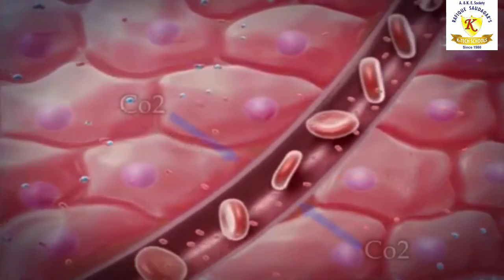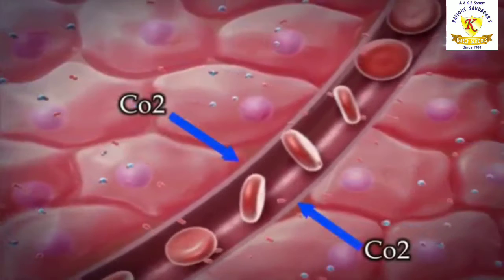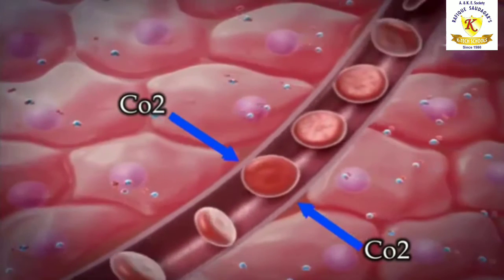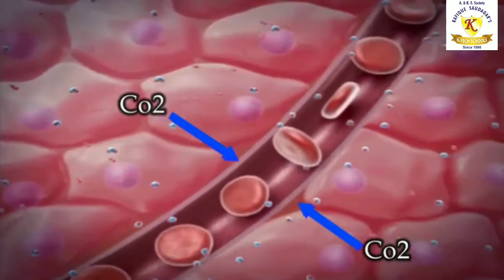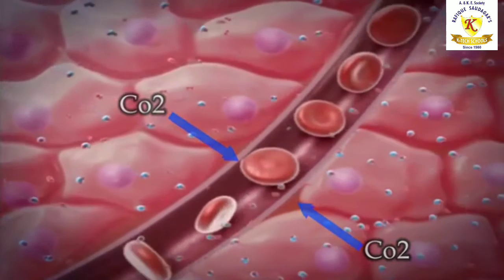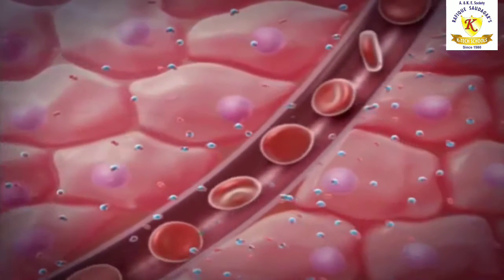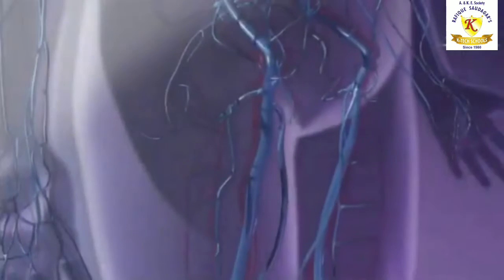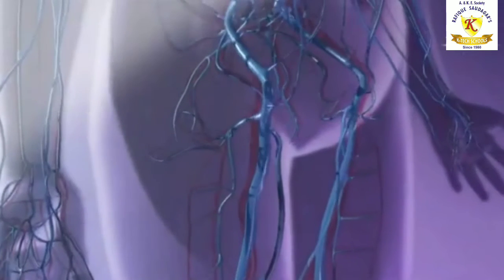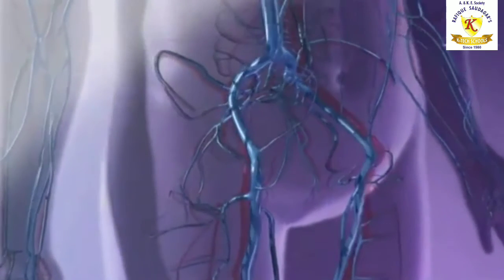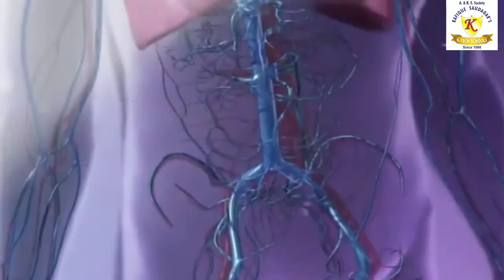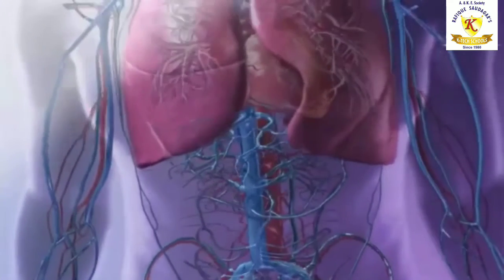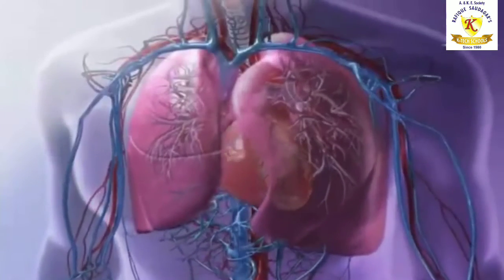Meanwhile, the waste product, carbon dioxide, diffuses into the bloodstream, where it is carried inside the red blood cells and in plasma. The deoxygenated blood travels back to the lungs, where carbon dioxide is expelled from the body.